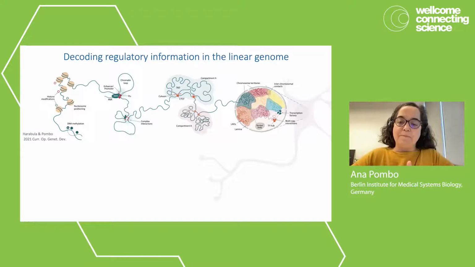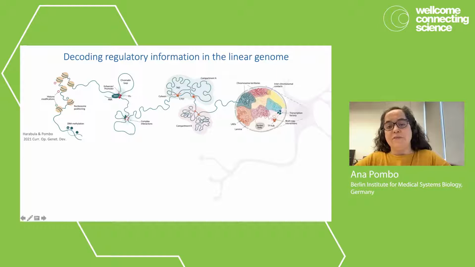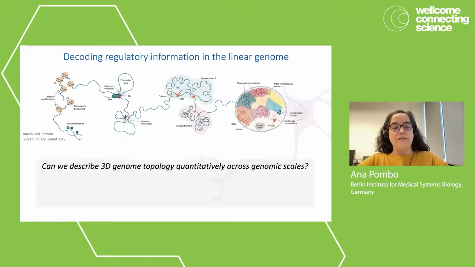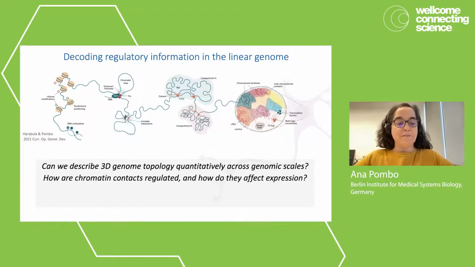But genome architecture is regulated all the way to the levels of whole chromosomes, how they are positioned in the nucleus relative to specific nuclear bodies such as the nucleolus, and also the preferential positions of chromosomes relative to each other. And in my lab, we are interested in, first of all, developing technologies that allow us to describe 3D genome topology quantitatively across genomic scales.